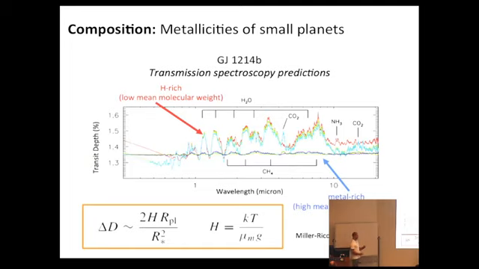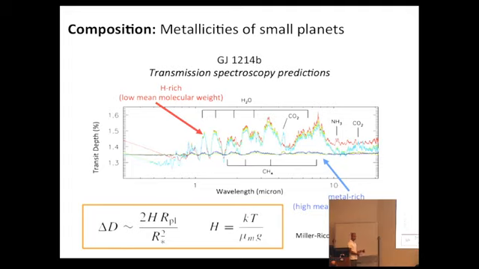And the idea here hinges on the fact that the size of spectral features depends strongly on the scale height of the atmosphere. This is an equation that I introduced yesterday. The scale height depends on the mean molecular weight of the atmosphere. And for small planets, the mean molecular weight of the atmosphere can change by an order of magnitude.